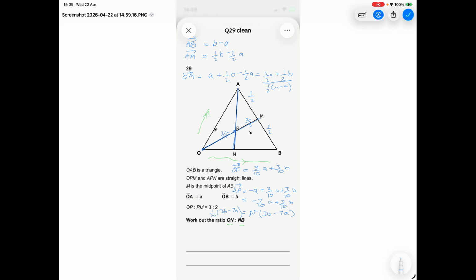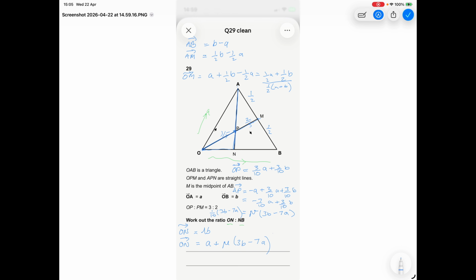Right, now we're going to try and get from O to N. So from O to N, we know it is some aspect of b, so it could be lambda b. But ON we can also do this way. So ON also equals a plus mu of 3b minus 7a.